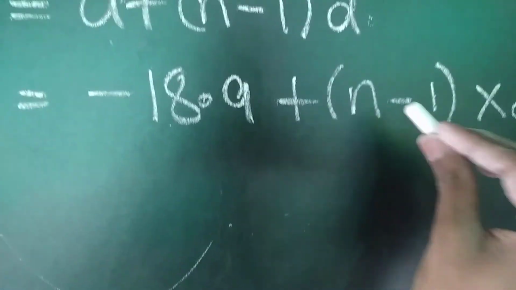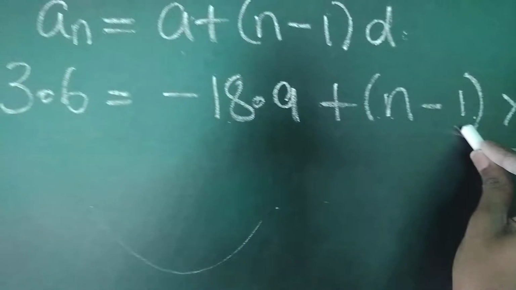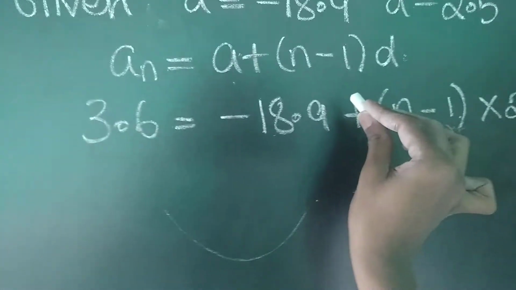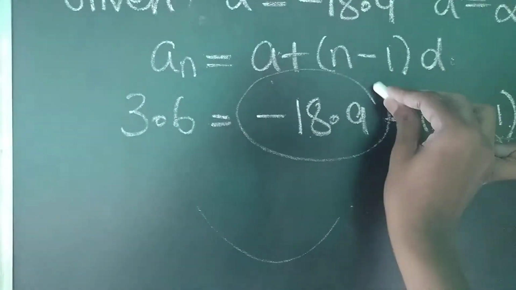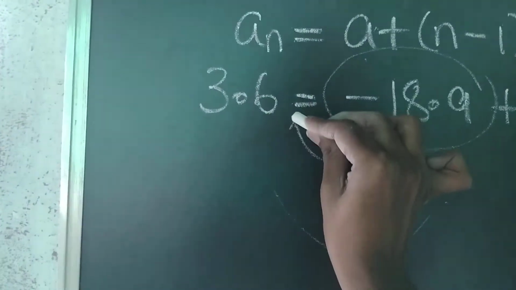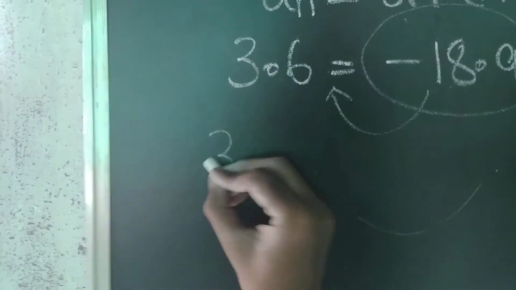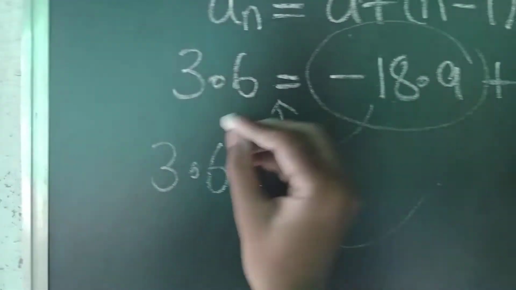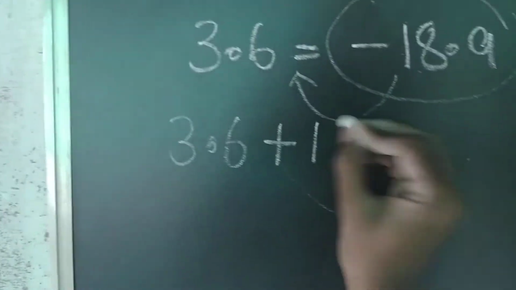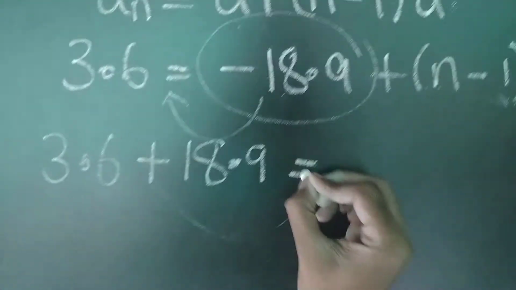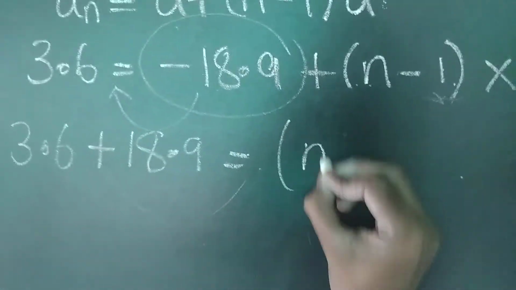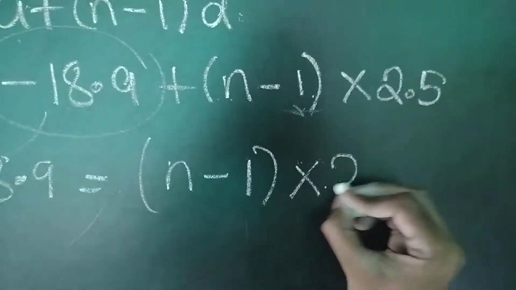But in this case, since the bracket is not having a number, the first step is to shift this A term to the LHS side. If the A term, minus 18.9, goes there, it will become plus 18.9. Remaining will be the same in the RHS, that is n minus 1 into 2.5.